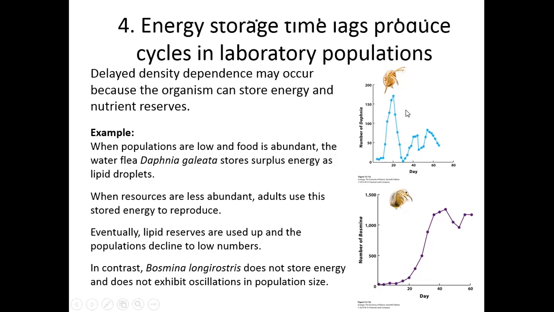They have exactly the kind of fluctuations that we modeled in discretely reproducing populations. Why is that? Because they store energy. So the competitive environment before the reproductive period is what's important to these guys. And so if they store energy, then the individuals that are experiencing a low competition environment can reproduce massively.